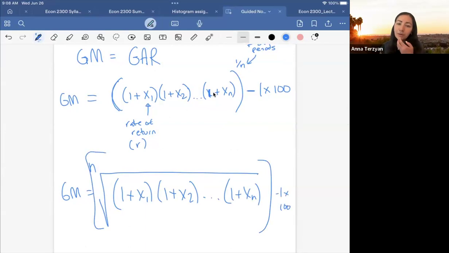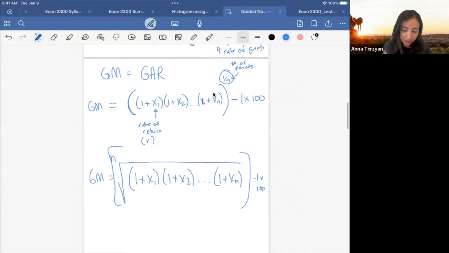The problem with their equation is they didn't even state that you subtract 1 and multiply by 100. It's like you're supposed to know. It's written later on when you look at the details of the problem, but typically they don't have it. I can't remember if the new version adjusted that or not, but that could become confusing. These are effectively the same thing. One is you take it to the power of 1 over n, and the other you take the nth root, which is the same mathematical operation.